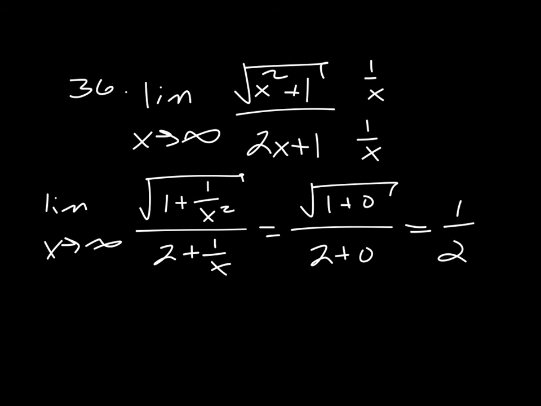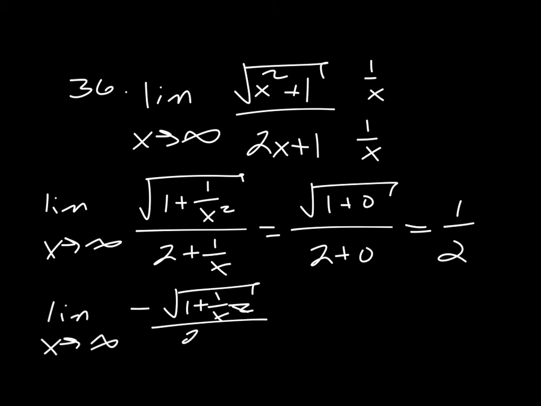The way I think about this is if you take a square root, you get a positive and a negative value. And so if we go out to negative infinity, everything's the same except that we're evaluating this situation. That's supposed to be a 2. And so we ended up getting the other asymptote at negative 1/2. So again, I'm taking a square root, so I need a positive and a negative value there.